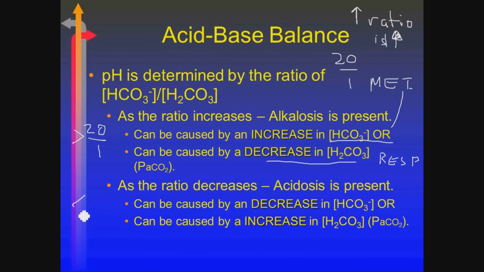If for some reason that ratio falls, an acidosis is created. Ratios that are smaller than 20 to 1 are an acidosis, and that can be caused by either a reduction in the numerator or an increase in the denominator.